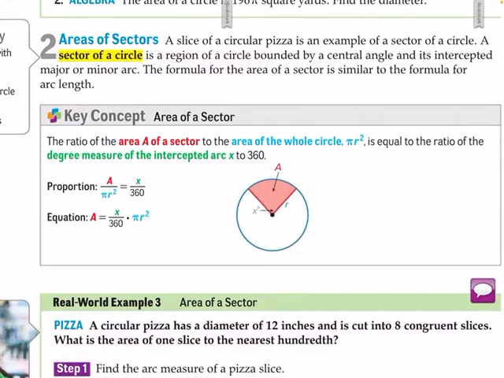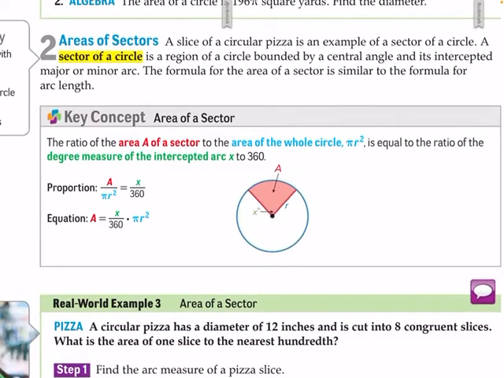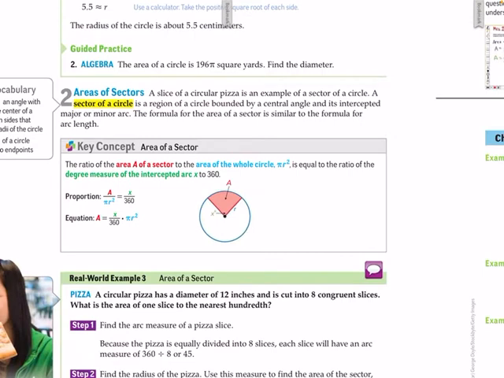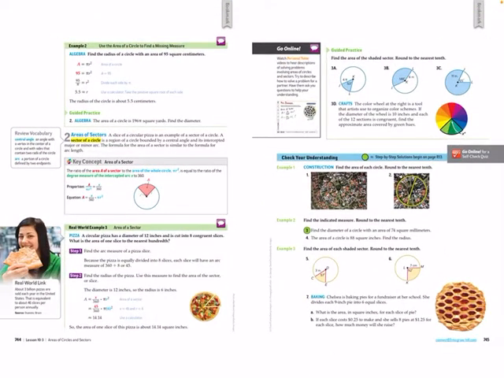So x being the measure of the central angle, and pi r squared being the formula for area of a circle. Okay, so we're basically going to be using that information to solve the problems in our lesson today.